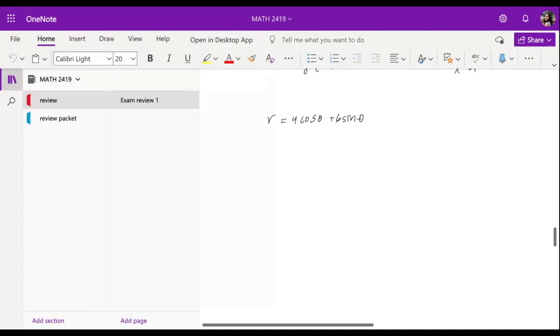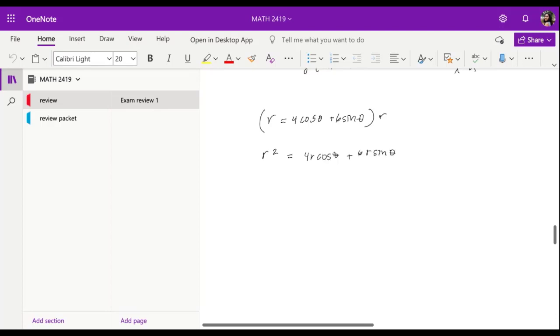So we can immediately plug in the equations that we know. We can multiply both sides by r first, because to be able to work with the cosines and sines, it has to be r cosine theta or r sine theta. So if we multiply both sides by r, we'll have r squared equals 4r cosine theta plus 6r sine theta.